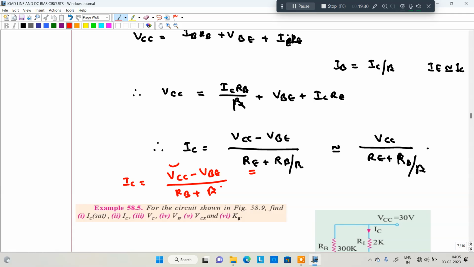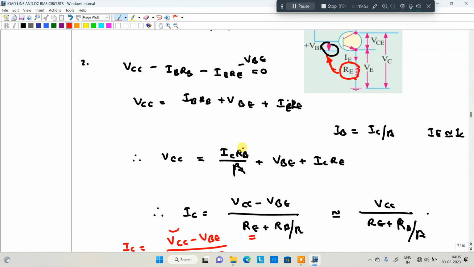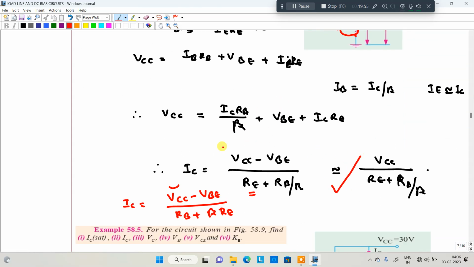Here 1 plus beta is considered, otherwise 1 is neglected. These are the formulas we have, already known from the beta rule. If you are perfect in the beta rule, you can do any formula directly without all these calculations. Everyone clear? These are the beta rule formulas to remember for the examination.